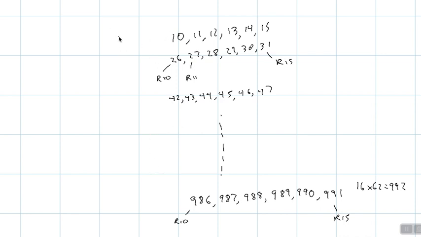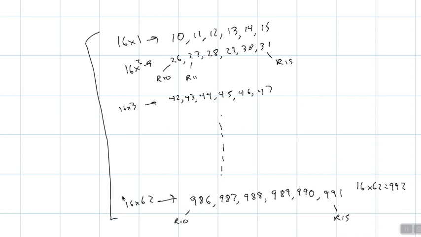Basically, these are the six numbers before 16 times 1. These are the six numbers before 16 times 2. These are the six numbers before 16 times 3. And these are the six numbers before 16 times 62. So the number of numbers here is 6, because there are 6 in each of these rows, times 62, since there are 62 rows.